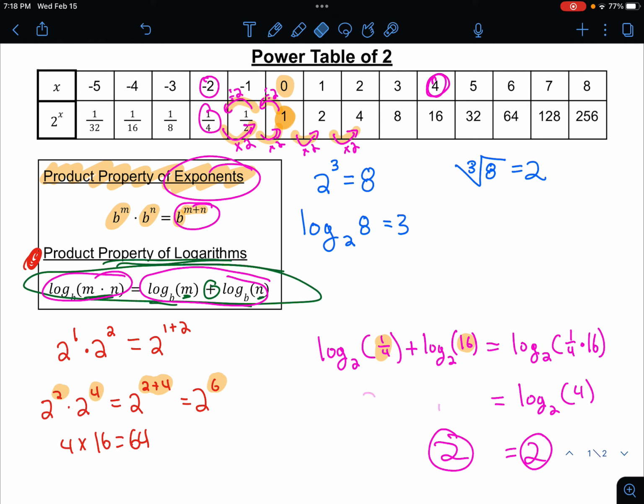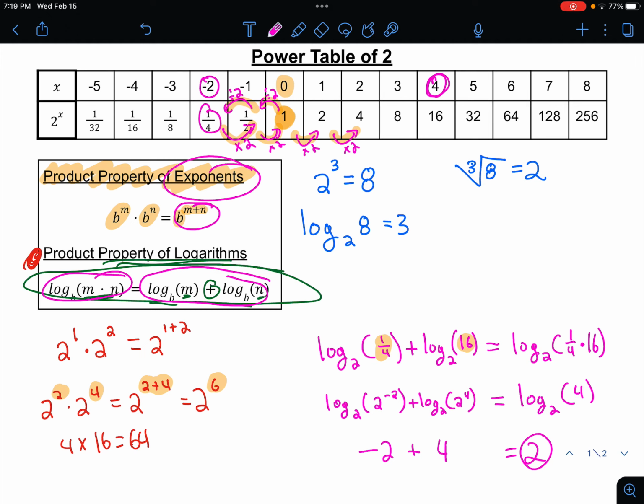If we were to look at that left-hand side a little differently, we could say this is log base 2 of 2 to the -2 plus log base 2 of 2 to the 4th. And so we could evaluate it this way and then still get -2 and 4, which does equal 2. Okay.